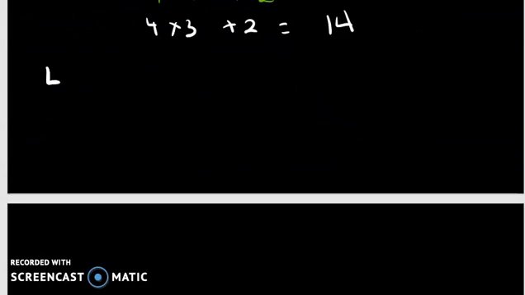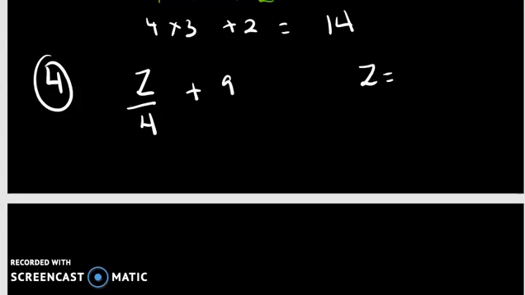Alright, number 4. Let's say we have z over 4 plus 9, and z is equal to 12. The symbol here, I think from your previous lessons, means division. So z over 4 plus 9, that is z divided by 4 plus 9.